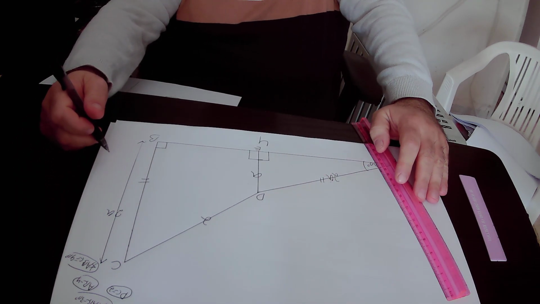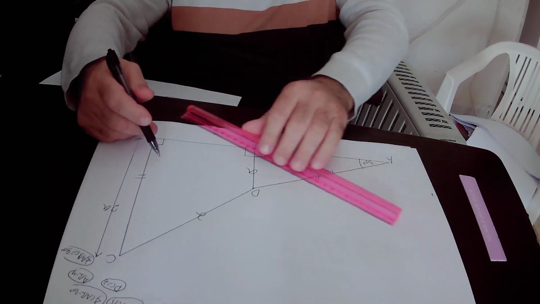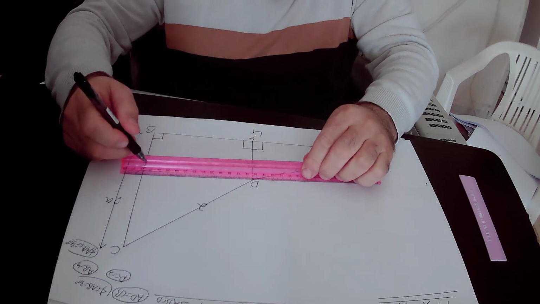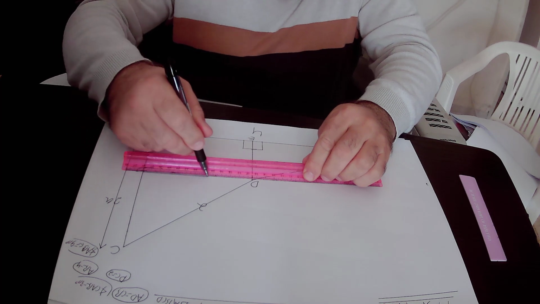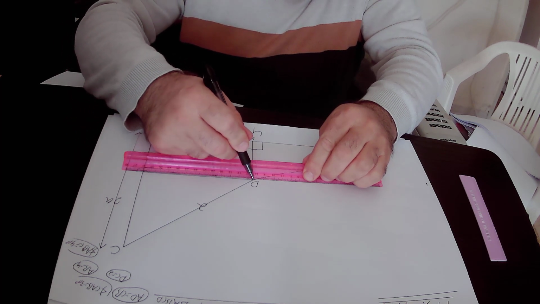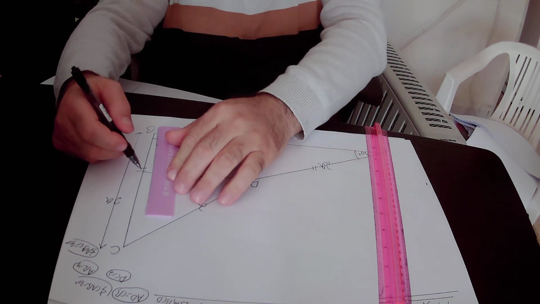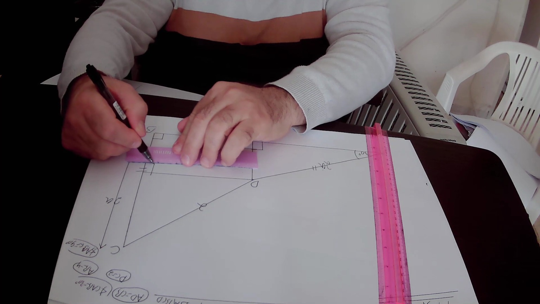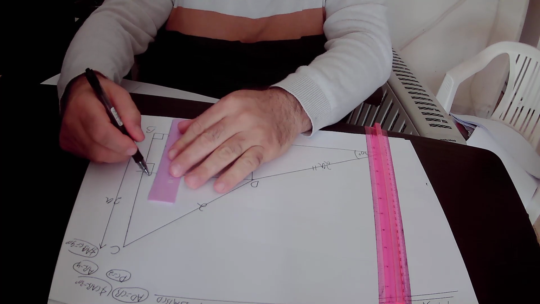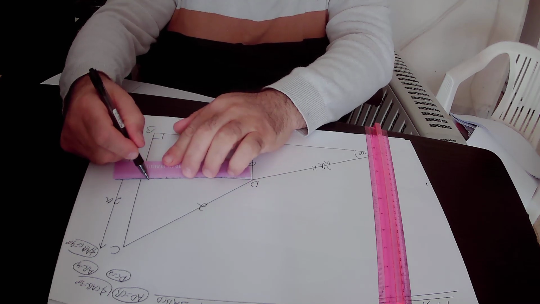In the next step, we will draw a perpendicular from point D to CB. So this angle is a right angle, it equals 90 degrees. And this angle is also a right angle, it equals 90 degrees.